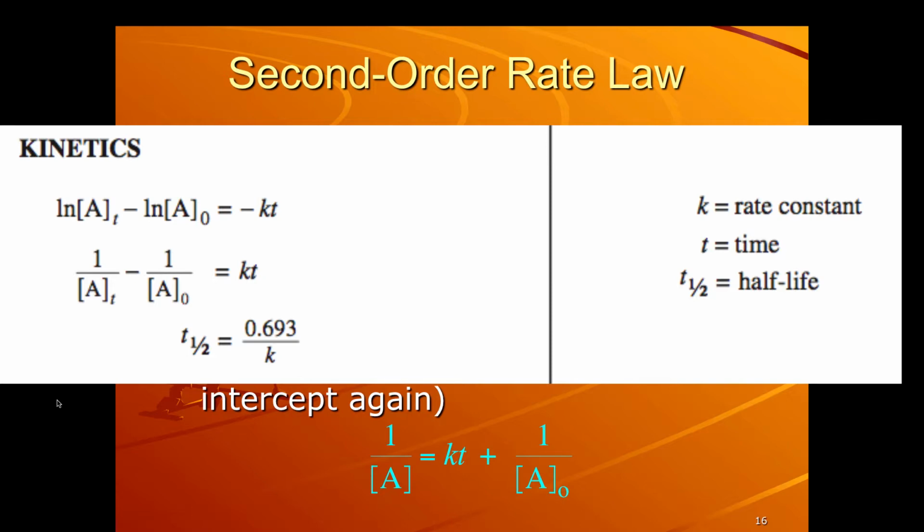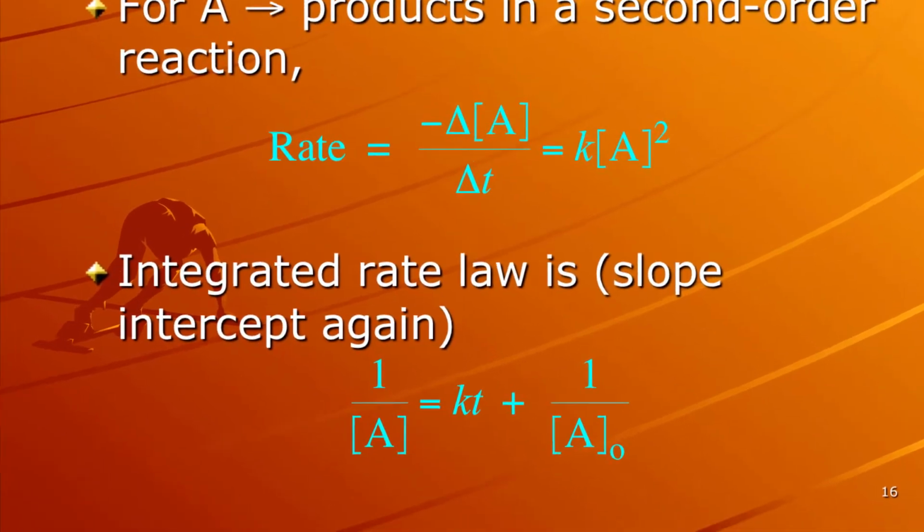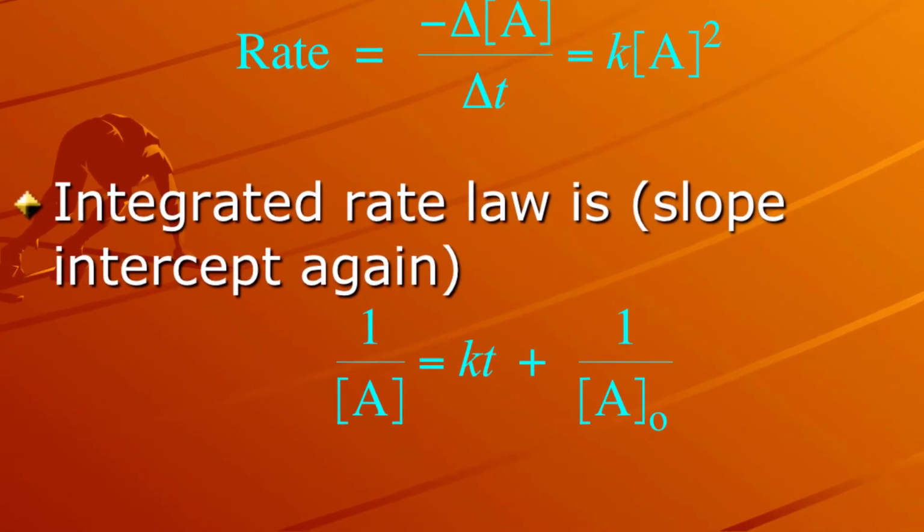You need to be able to do that. But instead of the natural log of something, it's 1 over the concentration of something. So my y-axis is going to be 1 over the concentration of the reactant, and my y-intercept is going to be 1 over the concentration at time 0, or the initial concentration.